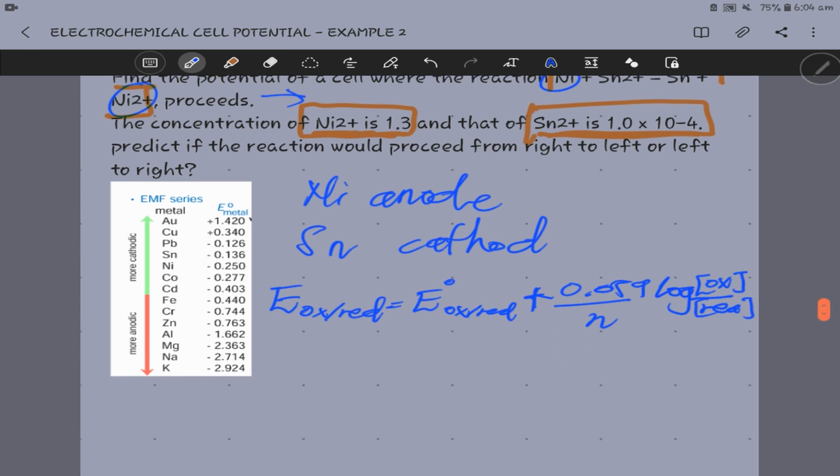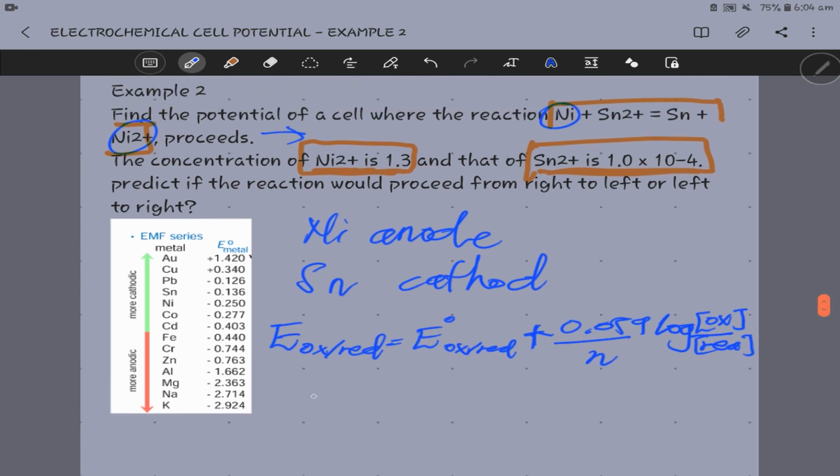So if you are trying to find the potential of the anode, here we are using nickel and tin. Nickel is right here, and tin is here. So we know our anode, from what they've given us, is the nickel.